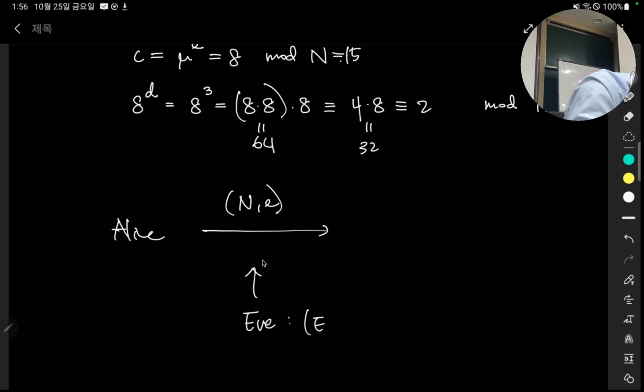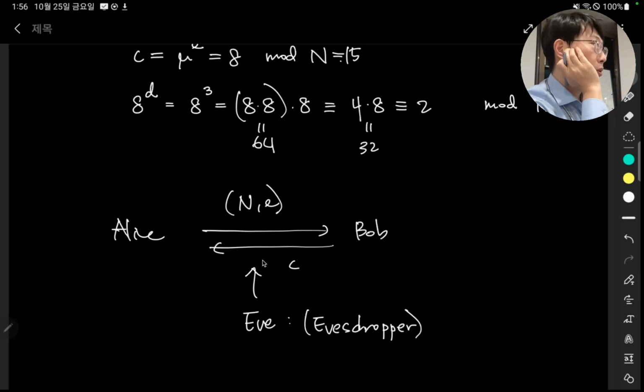And Bob sent the message C. So from the perspective of the eavesdropper Eve, these three numbers are available to Eve.